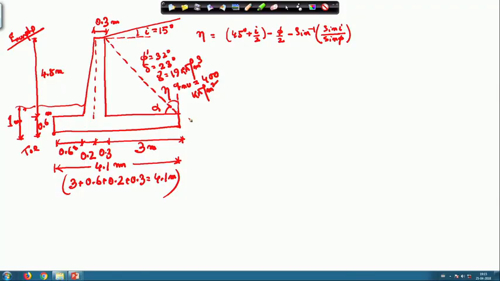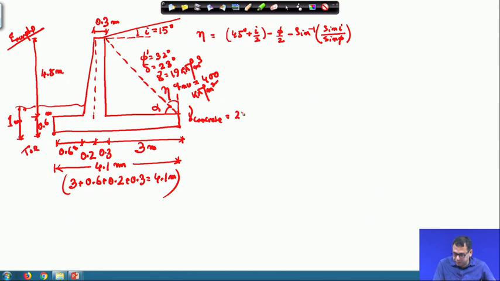In the previous problem, the soil properties were given, so we determined the load carrying capacity of the foundation, but here the load carrying capacity Q net ultimate is given. Okay. So, we have to determine the factor of safety. The unit weight of concrete is equal to 24 kilonewton per meter cube, and you have to design this retaining wall.